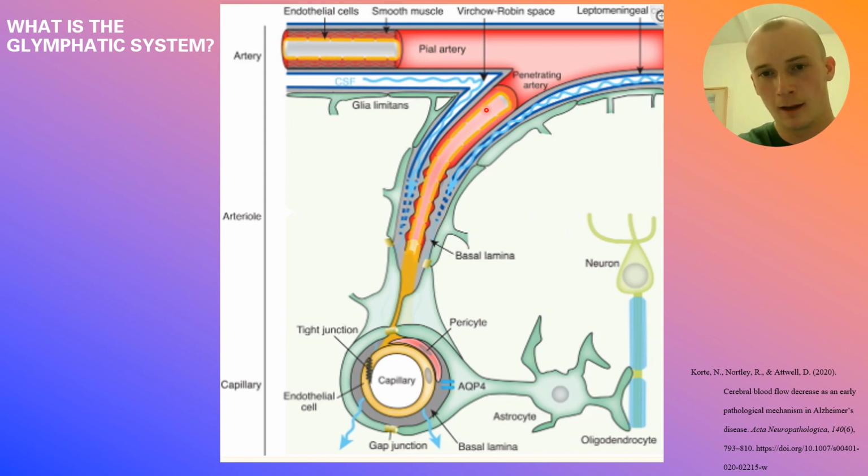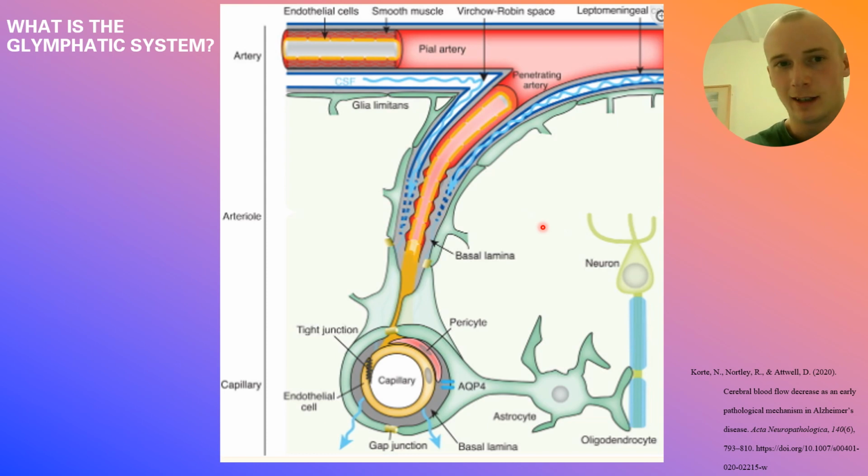So the next bit is really what's complicated and what's argued about. This mechanism of your aquaporin 4s, the cerebral arteries, and that pulsation and that flushing mechanism, that's all set in stone.